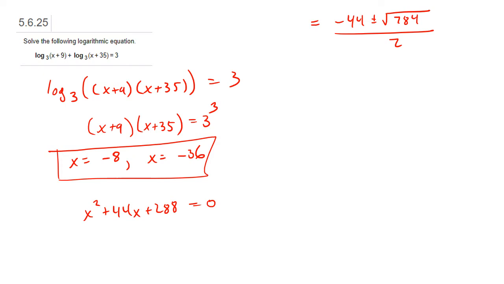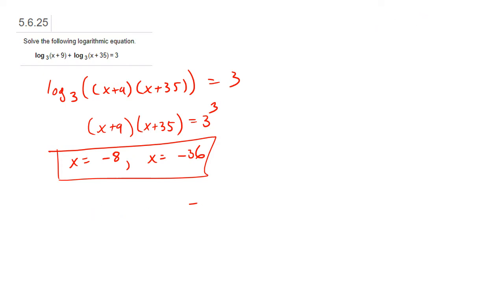But remember, we want to check, are the solutions both in the domain of the original expression? Now, what would be too easy to do is say both of these values of x are negative, and therefore they are not. However, if x equals negative 8, observe that x plus 9 is positive, as is x plus 35.